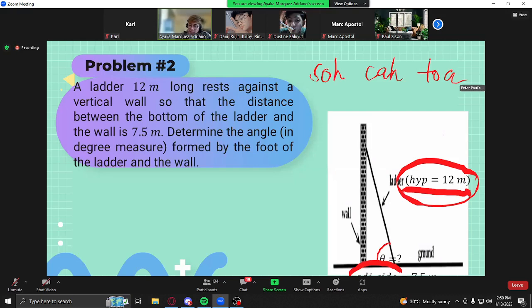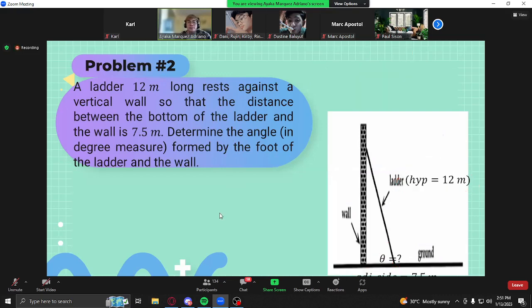Ano yung involved kapag hypotenuse at adjacent side? Diba ito? The cosine function. So, ibig sabihin, ang gagamitin natin ay yung arc cosine later sa paghahanap ng angle in degree measure formed by the foot of the ladder and the wall.